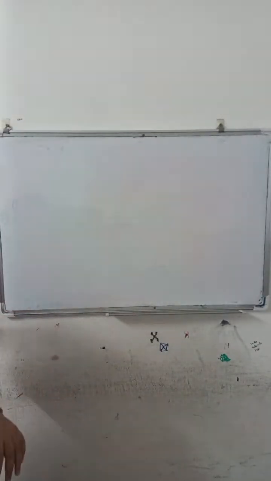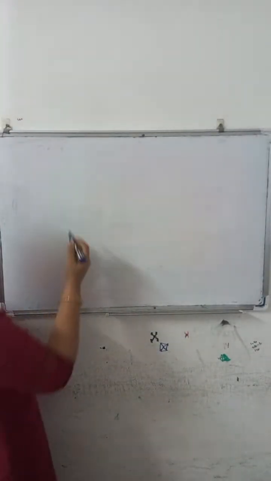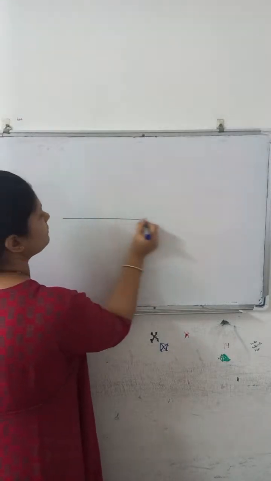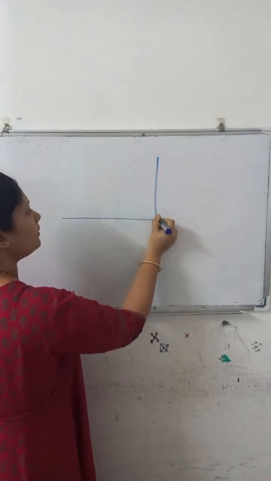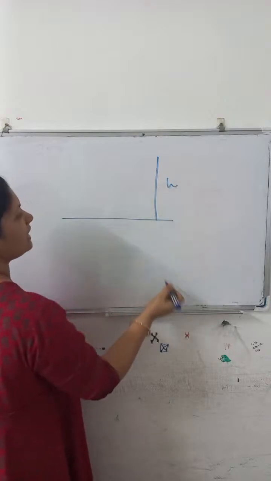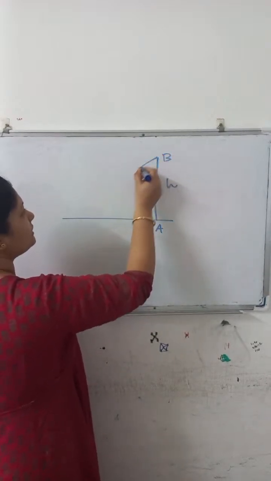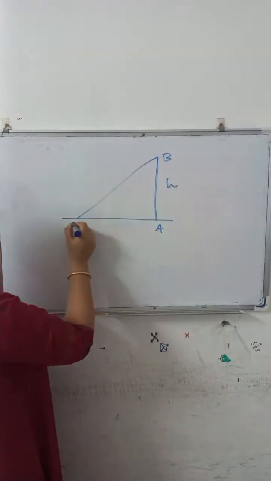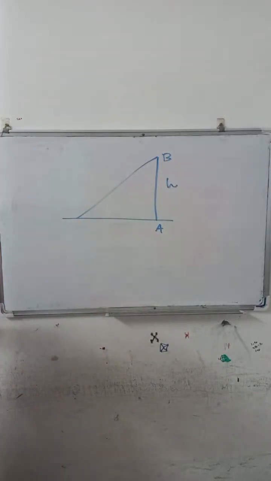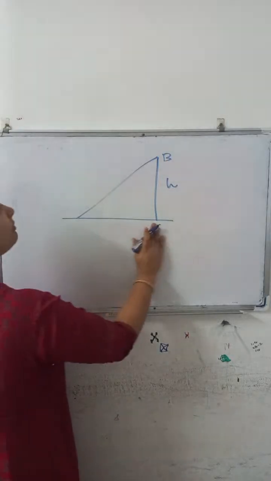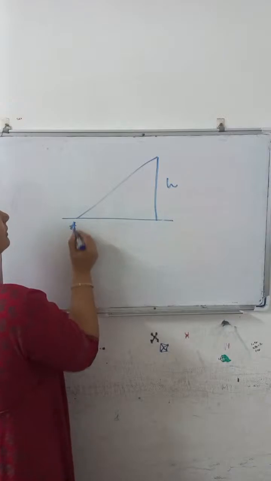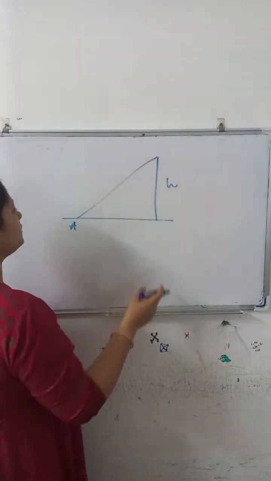Here we have the ground and there is a tower, and we are taking the height of the tower as h. Its angle of elevation is at point A. They took point A here, and this is the height of the tower.